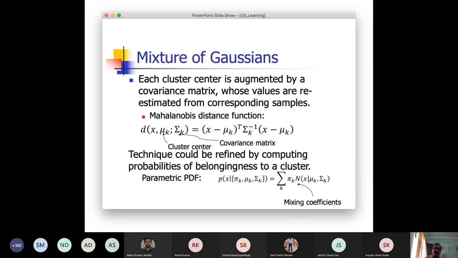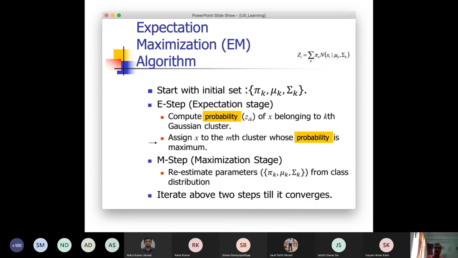As I said, pi k is the mixing coefficient, that is the probability of the kth partition, and the other part is the Gaussian distribution. The expectation maximization algorithm is used particularly for estimating these parameters.